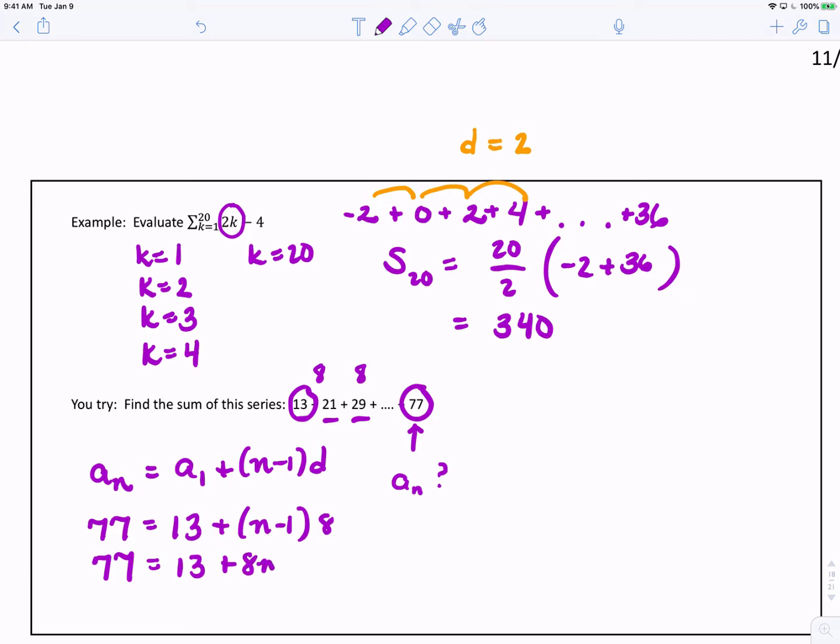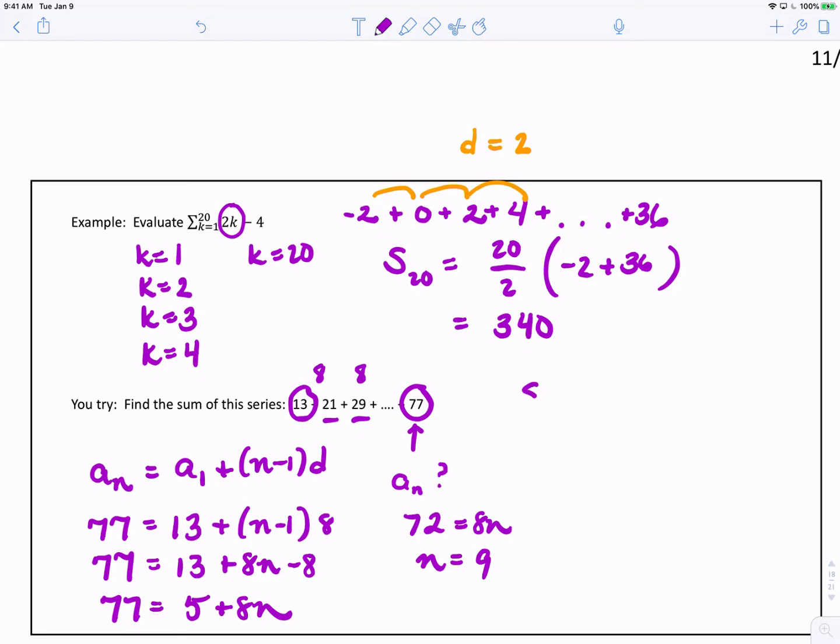So here we go. If we keep solving this, we have 72 is equal to 8n. Oh, and so this wasn't that far out. 77 turns out to be the 9th term in the sequence.